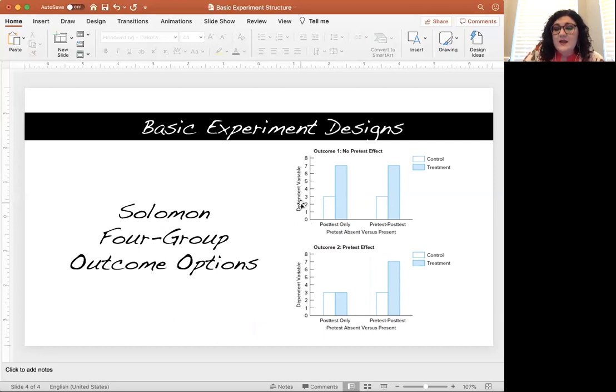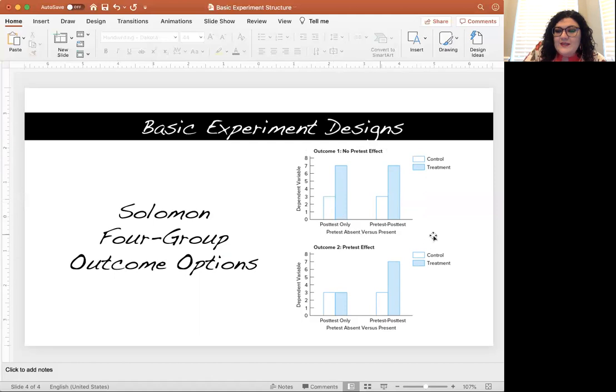Let's pretend like this dependent variable here on a 0 to 8 is anxiety levels measured after the independent variable was administered. So in this case, that's psychoeducation.